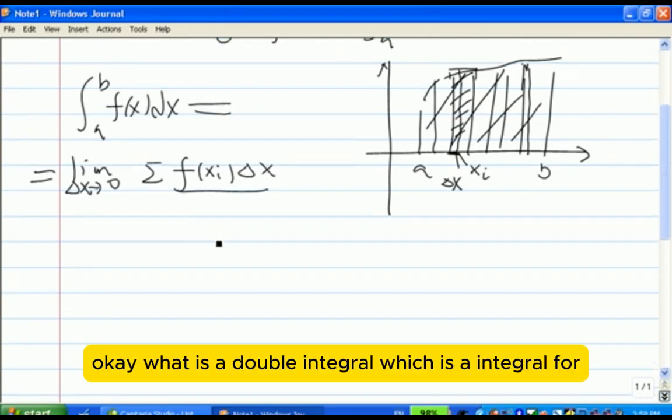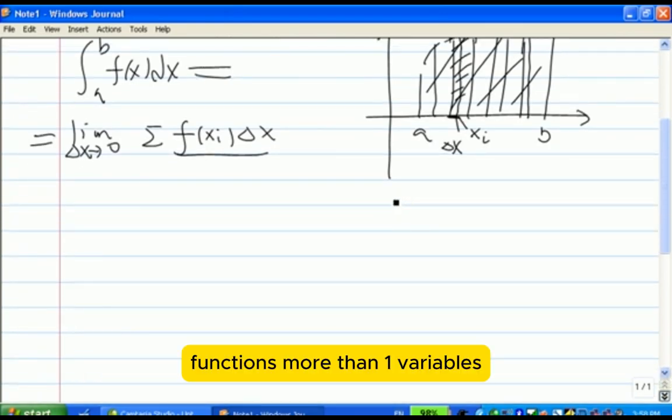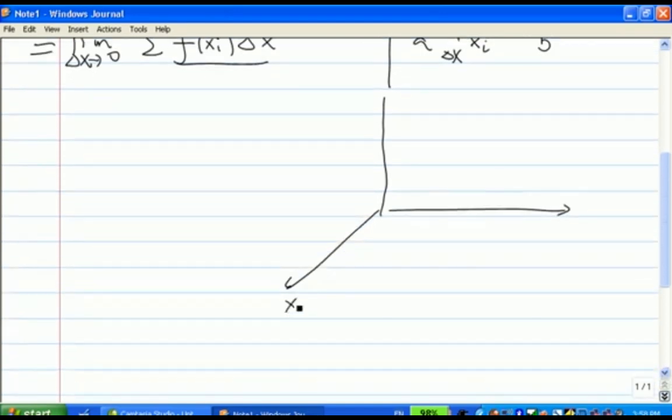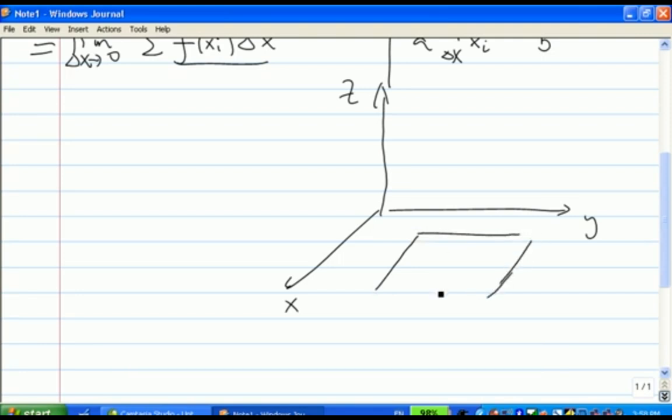Okay, what is a double integral? It is the integral for functions of more than one variable, x and y, z. Now, we're talking about integrals on rectangles. This is our domain.